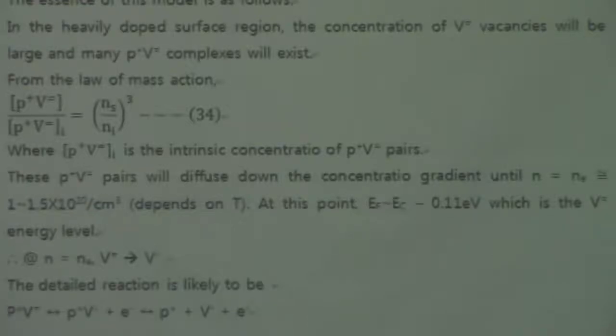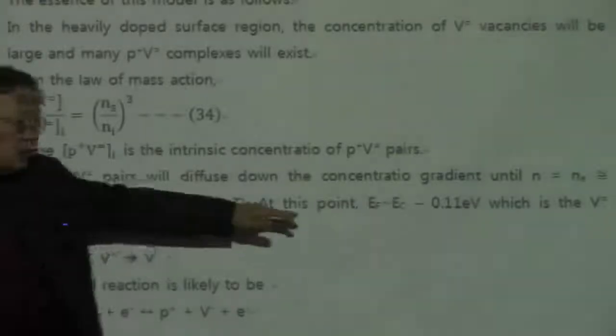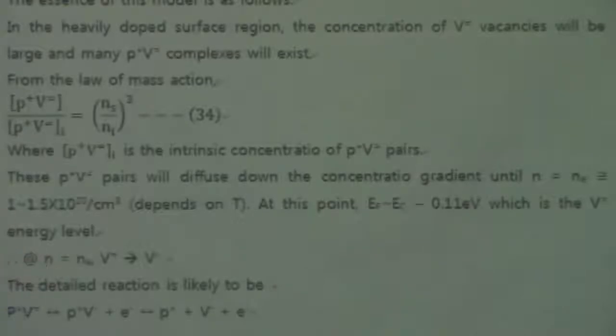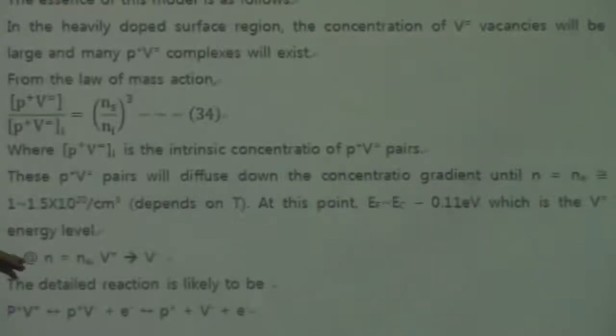When you decrease the concentration of dopant, the Fermi energy changes. Then, according to the location of the Fermi energy level relative to the ionization energy, whether this reaction happens or not is determined by the location of the Fermi energy level.